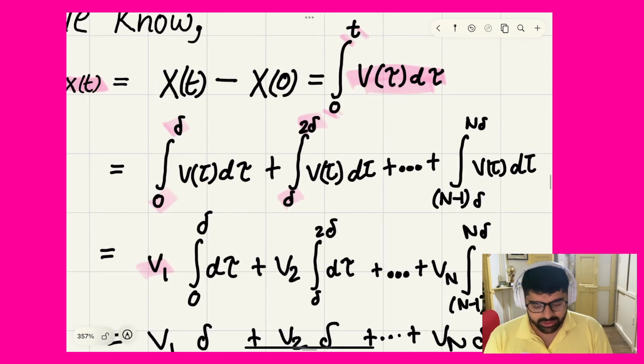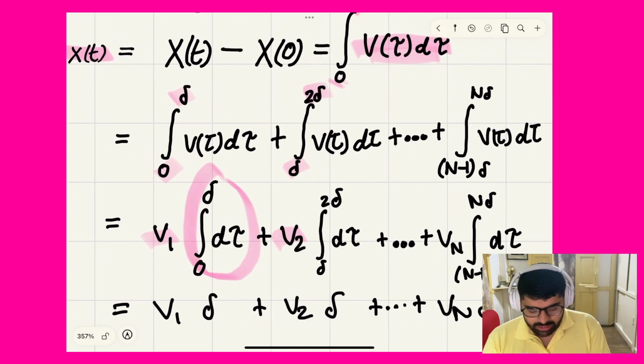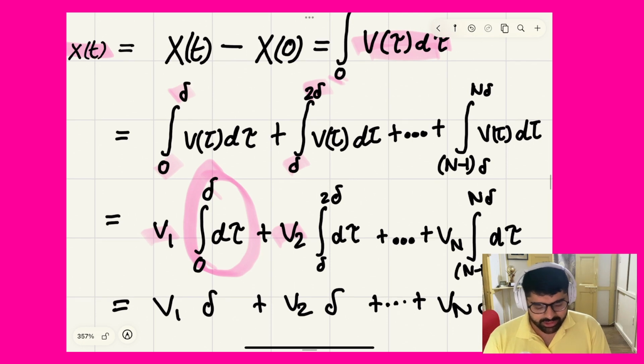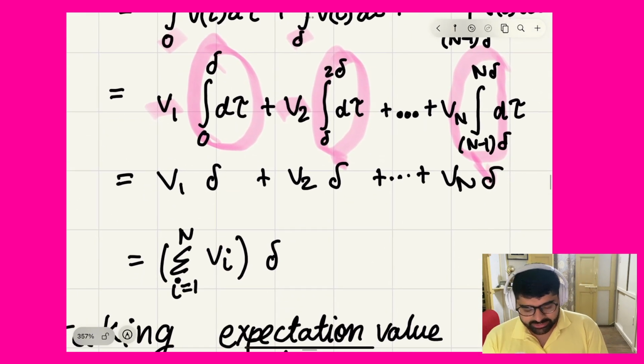Similarly, when time is between delta and 2 delta, v is equal to v2, and so on. Now, this integral is nothing but the final value minus initial value, which is delta minus 0, which is delta. Similarly, here we'll get 2 delta minus delta as delta. Here n delta minus n minus 1 delta, so delta. So what we get is delta times the sum of vi from i is equal to 1 to n.